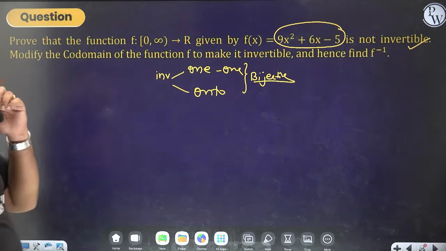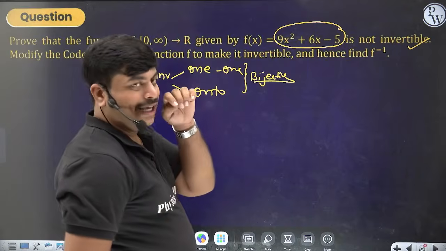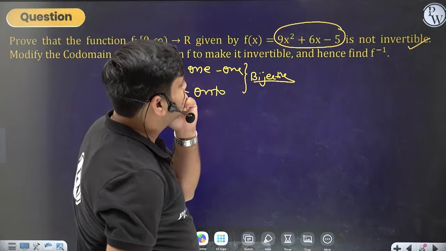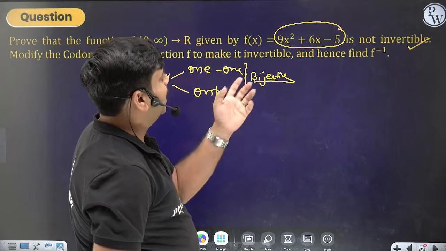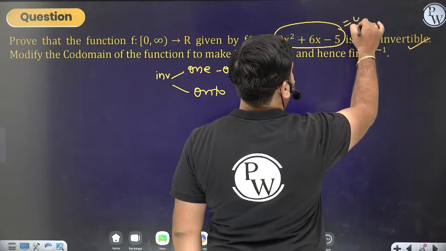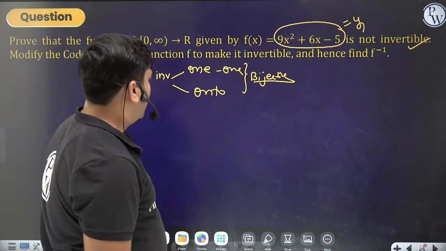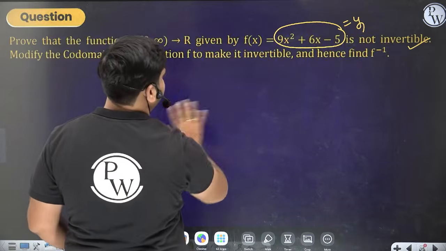Okay, people. See, first of all, in the same way like we did in the previous cases, let us try to equate that equal to y, and try to find the value of x. So what can be done? See here.